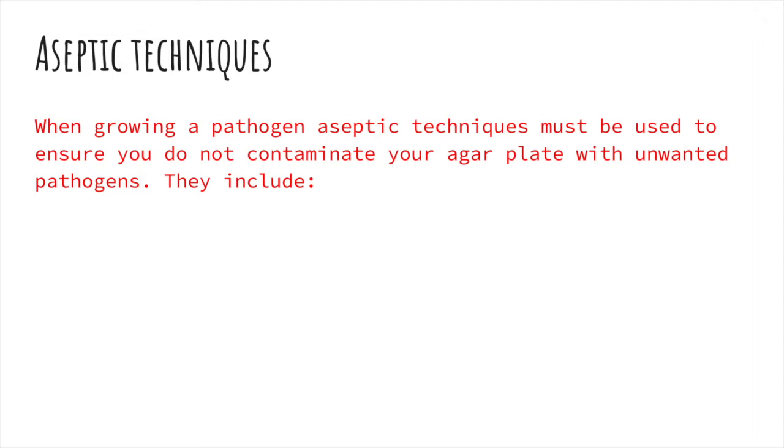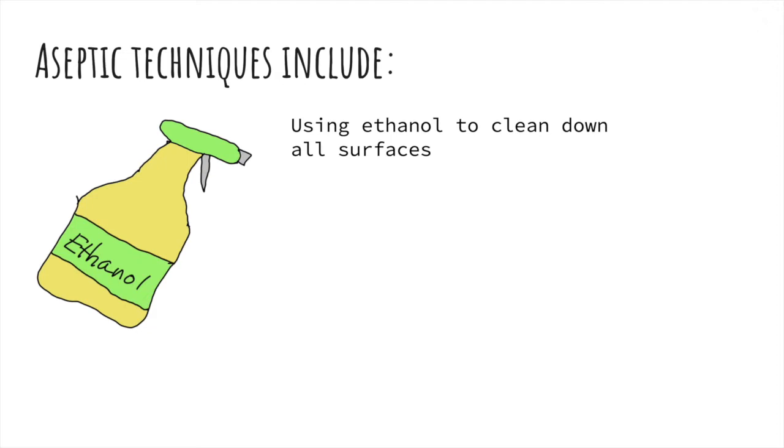So aseptic techniques might sound very sciencey and complicated, but it really isn't. It's common things that we do in order to sterilize surfaces and equipment, and you'll have heard of some of these before. So one is using ethanol to clean down all surfaces and all equipment. Ethanol is pure alcohol.